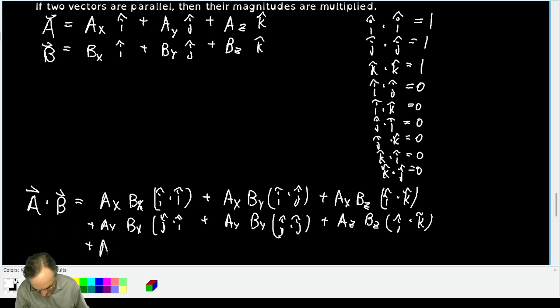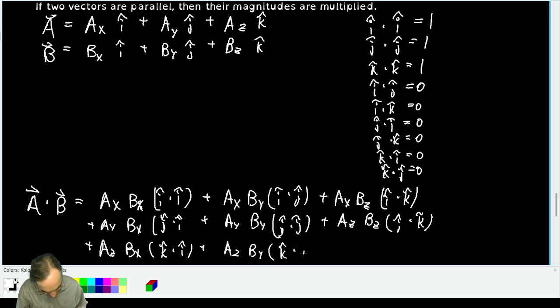Final set, AZ BX, K hat dot I hat, AZ BY, K hat dot J hat, AZ BZ, and then we get K hat dot K hat.